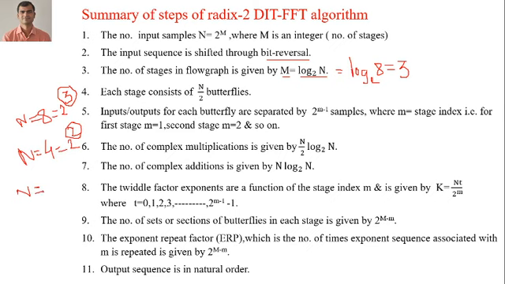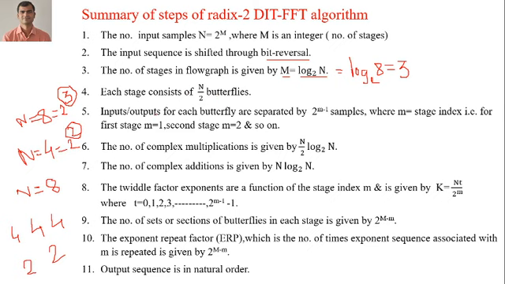In stage 1 we will have 4 butterflies, in stage 2 also 4 butterflies, and in stage 3 also 4 butterflies. So in every stage we will have 4 butterflies for capital N equal to 8. If capital N is equal to 4, each stage will have 2 butterflies, and the second stage also will have 2 butterflies.